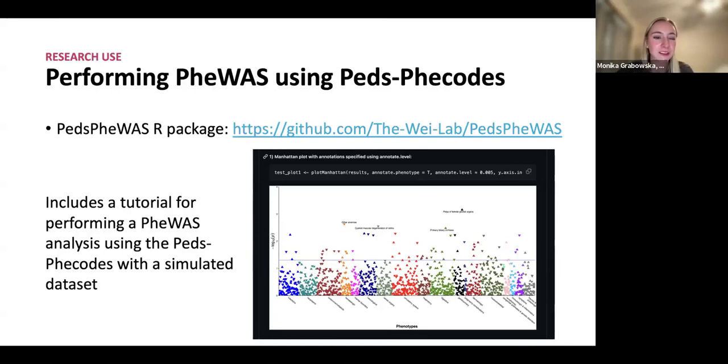So the question isn't necessarily how many pediatric Phecodes there are, but are they relevant to the population that we're studying, which we were really trying to ensure that they were. We're looking to increase the granularity with which we're able to capture important pediatric phenotypes, and also remove any extraneous signals for prostate cancer and other conditions that might not be relevant for pediatric populations.